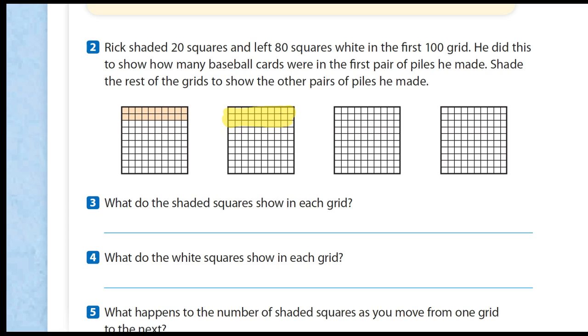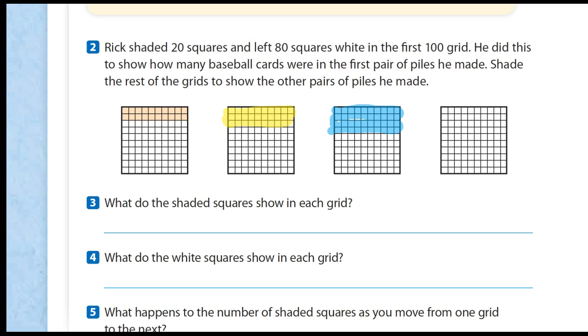So how many rows am I going to color in? 1 is 10. 4. So if the first one he did 20, then 30, then 40, the last one 50.